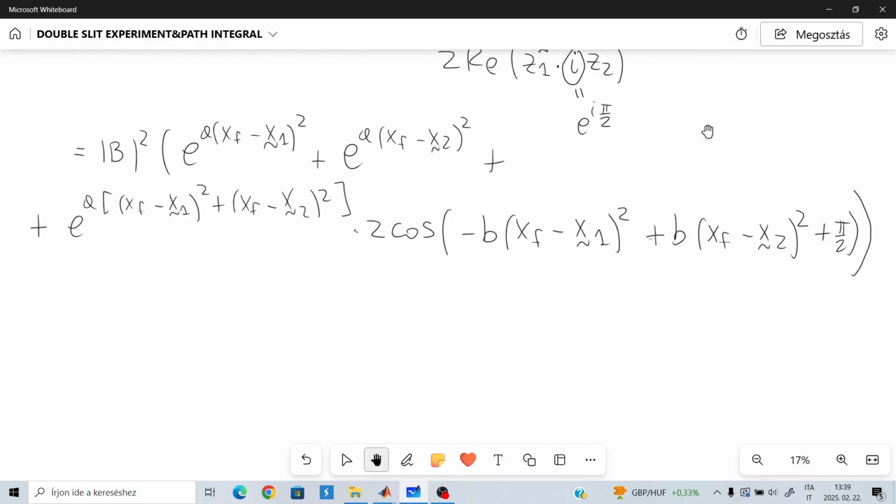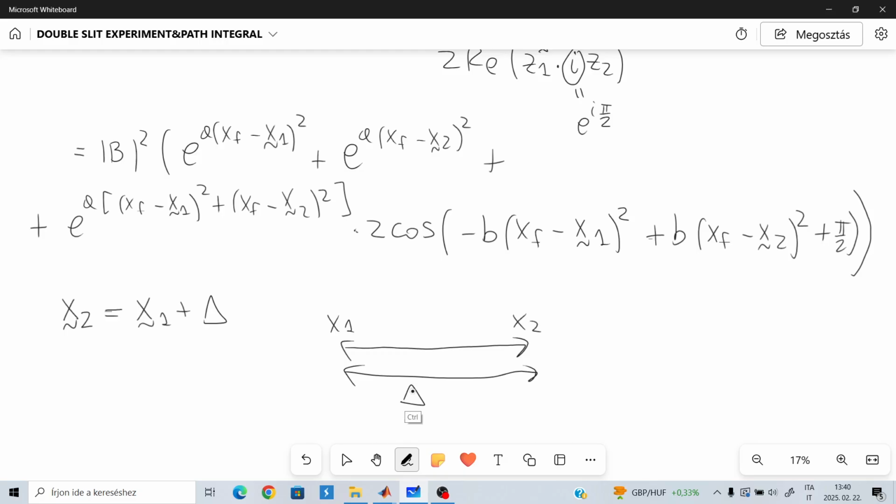Now we are actually ready, but before proceeding, let me just introduce another symbol which is convenient to rewrite the expression. So x tilde 2 is equal to x tilde 1 plus delta. This is a definition for delta, where if you check, this is just the distance between the centers of the slits. So here we have x2, here we have x1, and this distance here is capital delta.